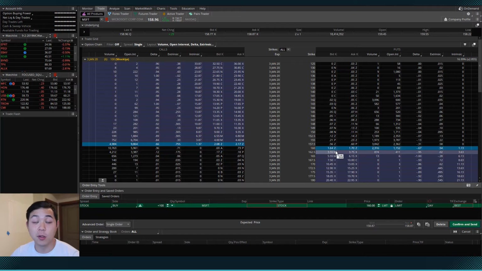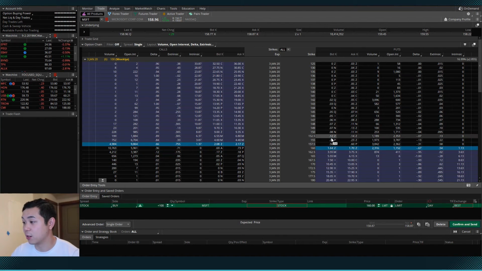So it's almost double the margin that I need to hold this position. And if that ends up exceeding my account, then that becomes a problem. But normally what happens is if you do end up getting assigned on a position that overly exceeds your account, TD Ameritrade will step in and actually liquidate your position because they don't want to be held responsible if something bad were to happen in the markets.